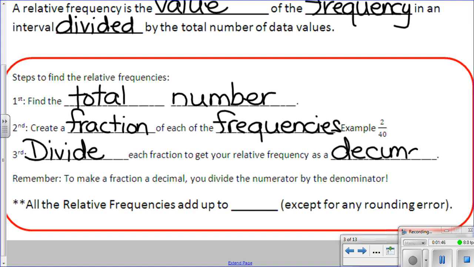So what we will do mathematically today is to change or convert a fraction to a decimal. Here's a reminder: to make a fraction a decimal, you divide the numerator by the denominator. All the relative frequencies would add up to 1, except for any rounding errors.